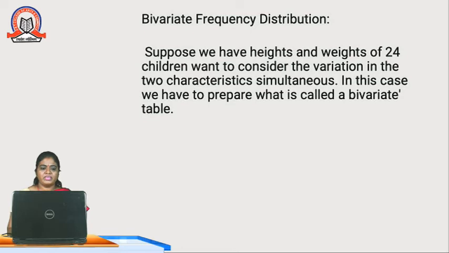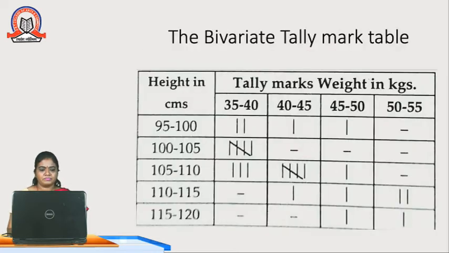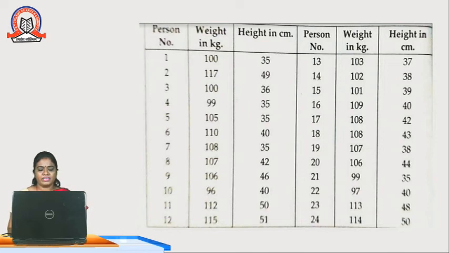Similarly, for bivariate frequency distribution, here the height and weight of 24 children were given. We are going to make a table. The bivariate tally mark table has height in centimeters as 95 to 100. Here also we identify the lowest and highest weight and the lowest and highest height.